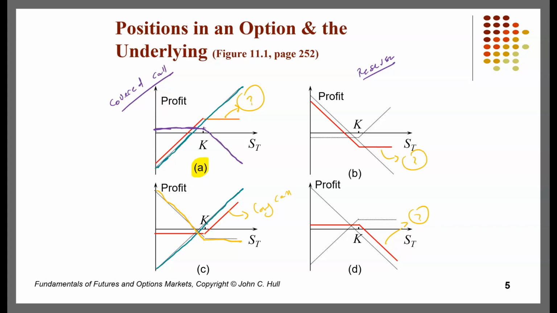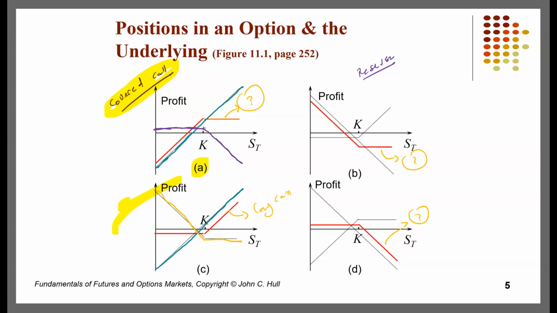The second one was the principal protected note, where we took a long position in the bond and also in the call option. And we also looked at combinations of stocks and options: covered call and protective put strategies.